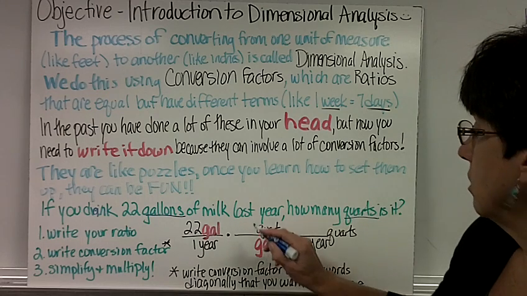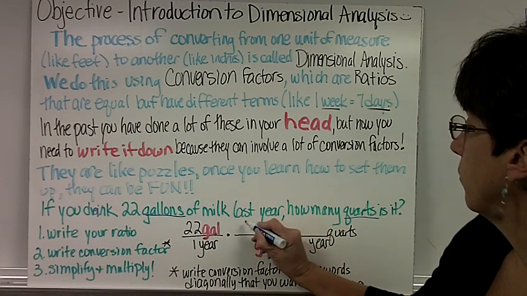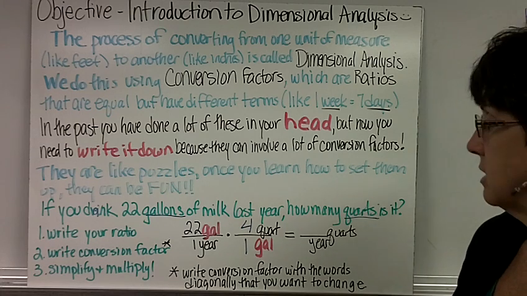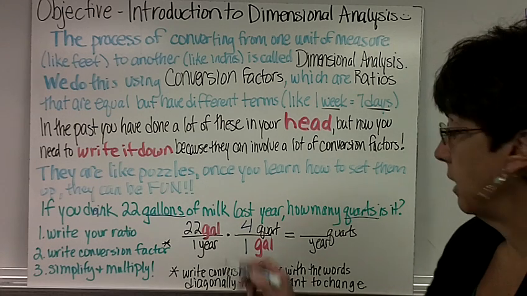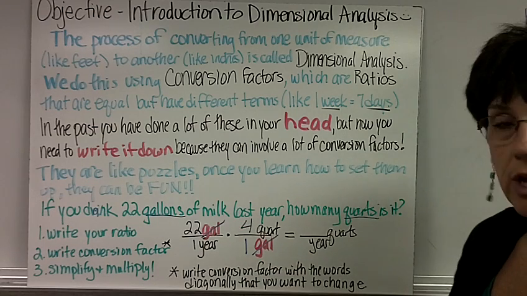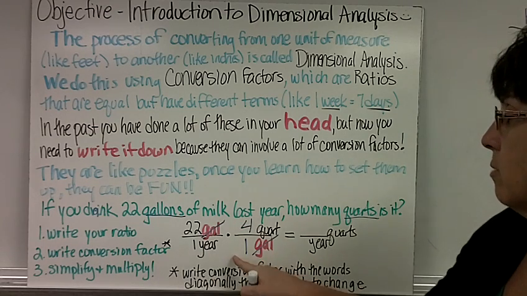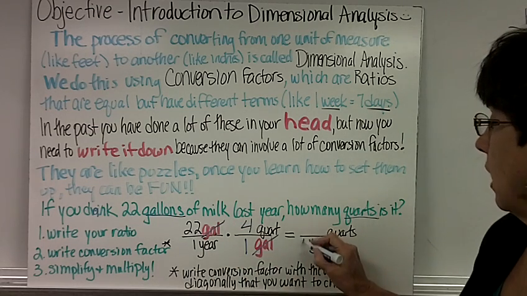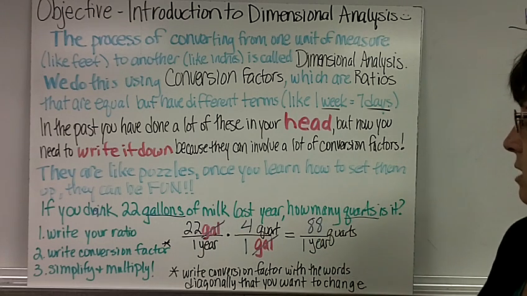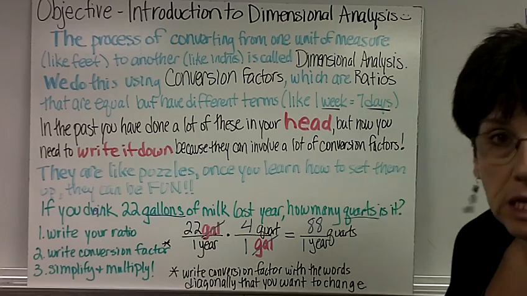And I know that there are 4 quarts in 1 gallon. Okay, and now I can simplify. Anything multiplying fractions that's in the numerator and denominator that's the same, I can simplify. So now I've crossed off those words. The only numbers in the denominator are 1, and 22 times 4 is 88. So that means you drank 88 quarts of milk.